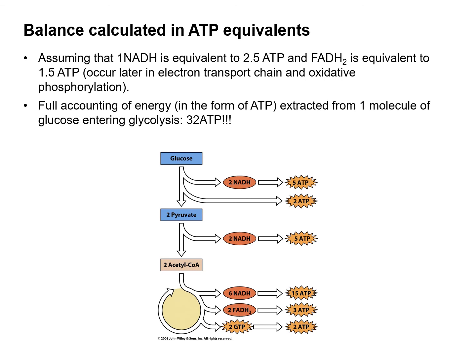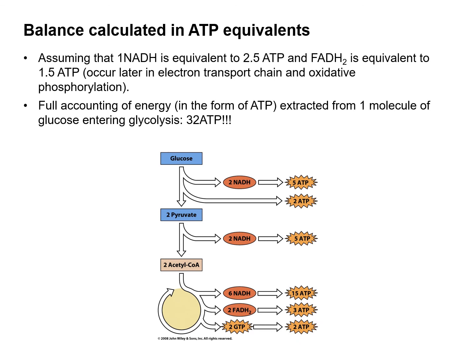So let's consider the energetic balance calculated in ATP equivalents. Basically from glycolysis, 2 ATP are generated, and also through the TCA cycle, another 2 GTP are generated, which are converted to 2 ATP.